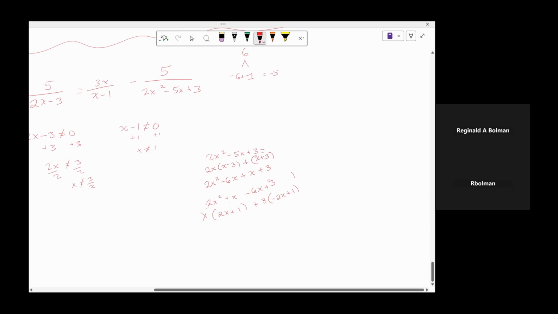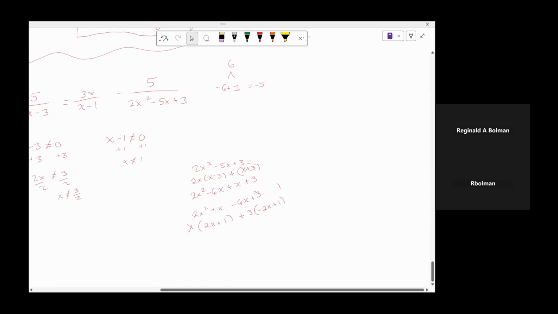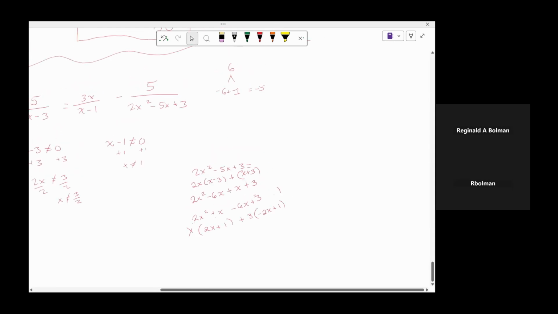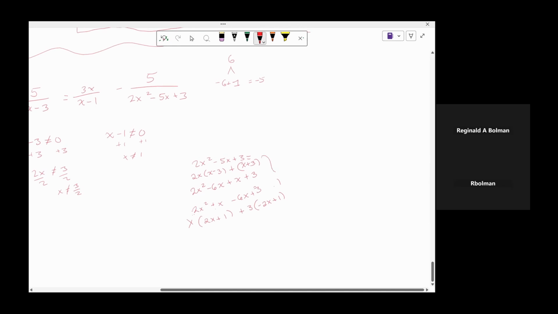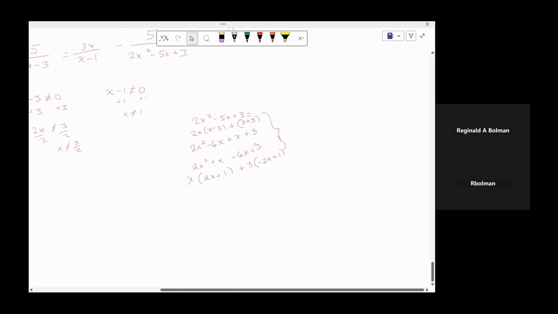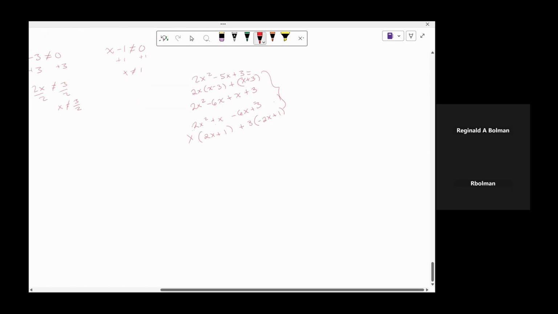Yeah, I'm just not exactly sure what I'm doing wrong when I'm factoring by grouping. So I'm going to have to look at this problem a little bit closer and post a solution for what I'm doing here. Another method, however, which is a much more brute force way of doing things, would be to line up your terms and simply say, look, you have 2x squared minus 5x plus 3.